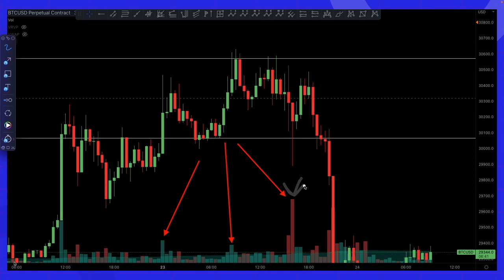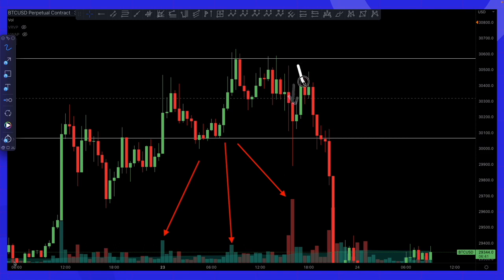I'm saying EXO charts because I'm an EXO charts user. I definitely recommend them. They provide really good value for the money. But overall in the footprints, I see a lot of buys, let's say at the top of the candle.